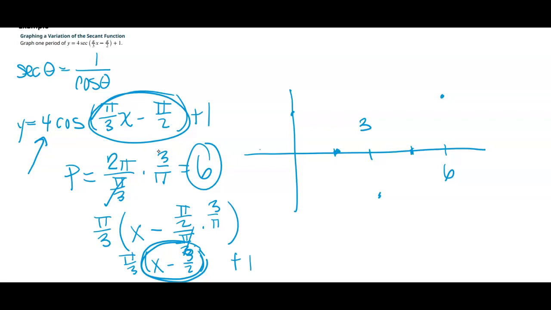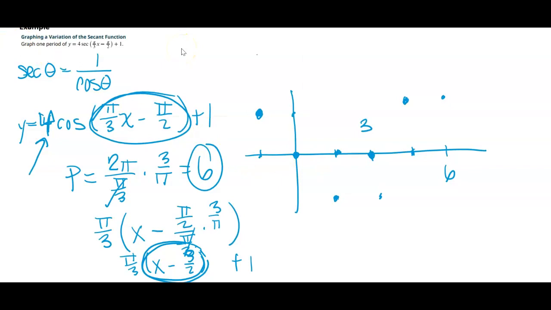So I'm just going to move everything over by 1.5. I'm then going to stretch by 4 and then move everything up 1. So we could stretch these by 4 and then move them all up 1.